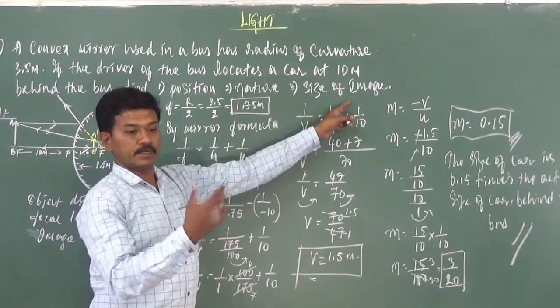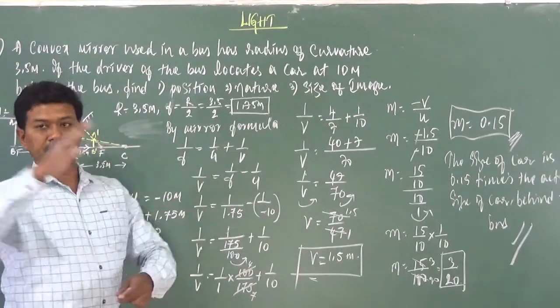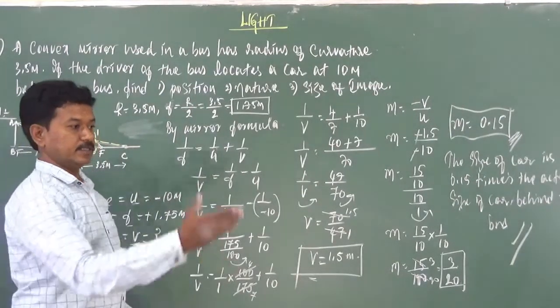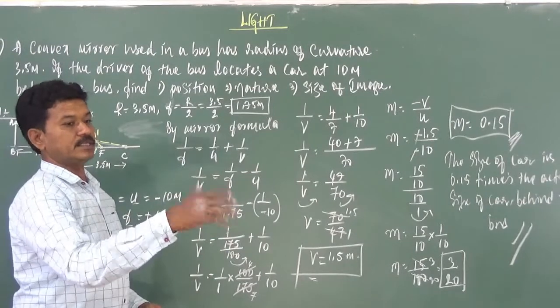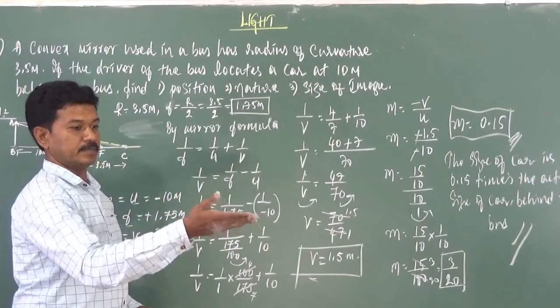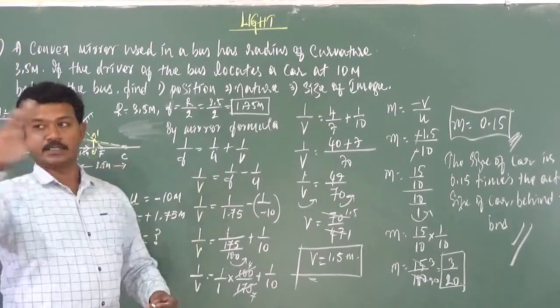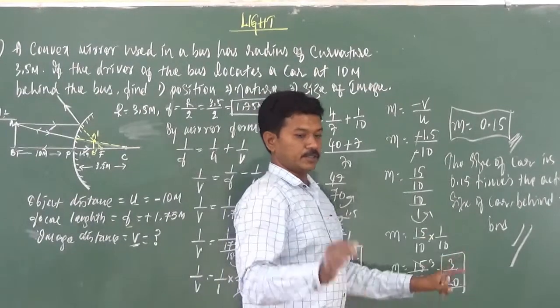If it is 0.13, then the size of the image inside the mirror is 0.13 times the actual size of the car. So this is the most important statement you have to write.